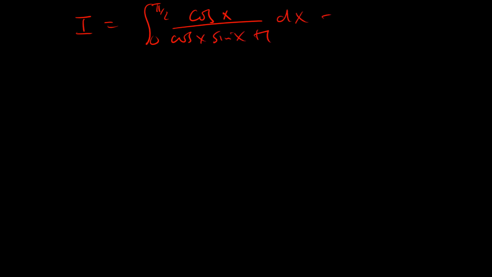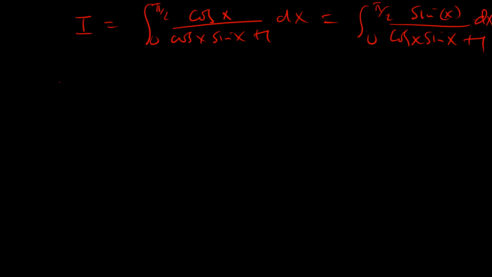So I is the same as the integral from 0 to pi over 2 of cosine of x over cosine x sine x plus 1, which is also equal to the same integral from x equals 0 to x equals pi over 2 of sine x over cosine x sine x plus 1.